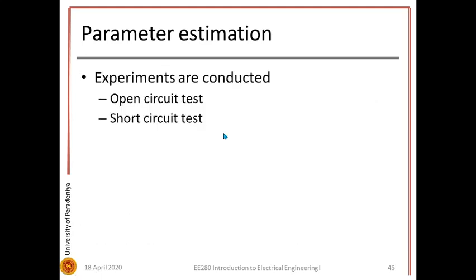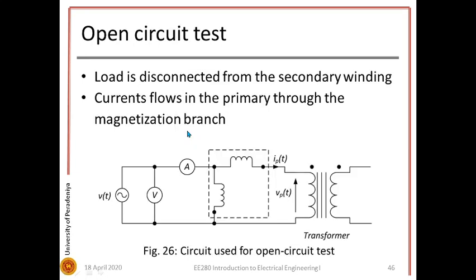In order to find the parameters, we perform two experiments. One is the open circuit test and the second one is the short circuit test. First, we will look at the open circuit test. In the open circuit test, we disconnect all the loads connected to the secondary winding.